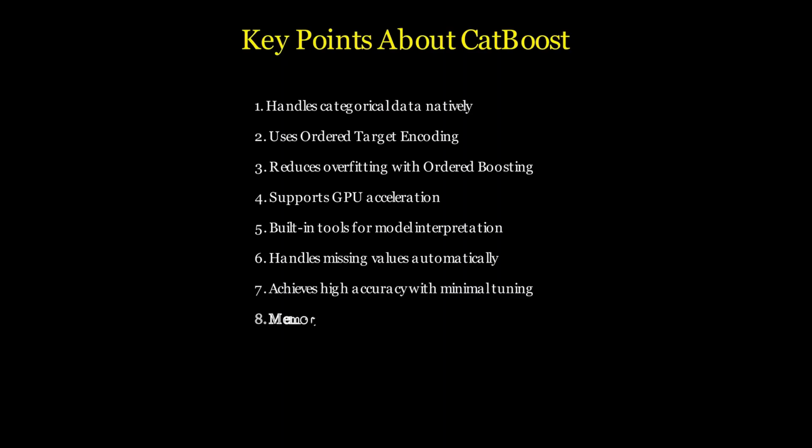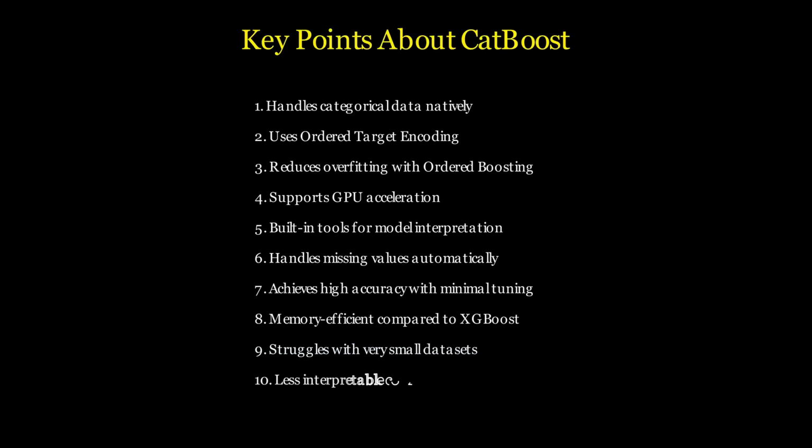It uses less memory than XGBoost, making it more scalable for large datasets. CatBoost is optimized for large datasets and may not perform as well on very small datasets. Like other boosting algorithms, CatBoost is less interpretable compared to simpler models like linear regression.